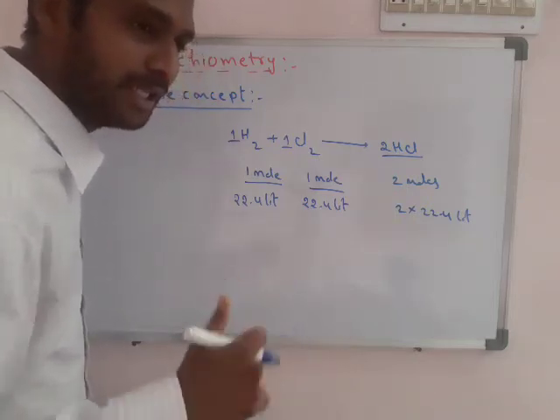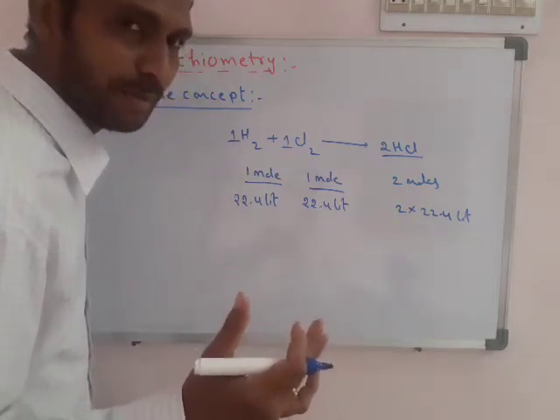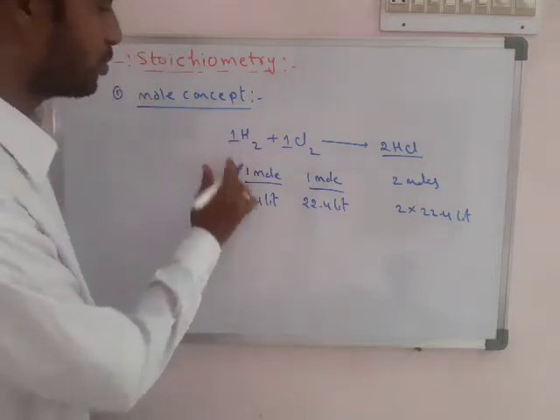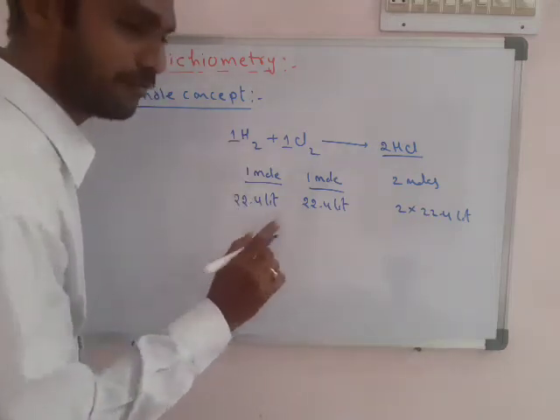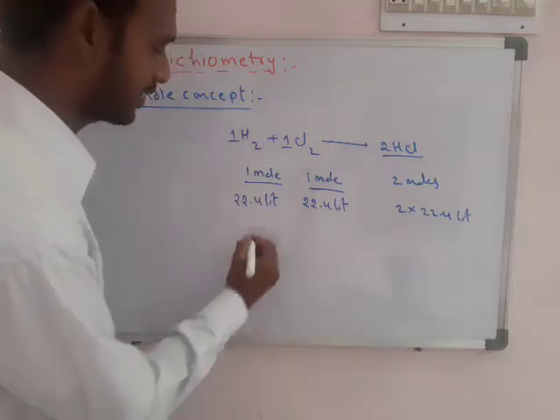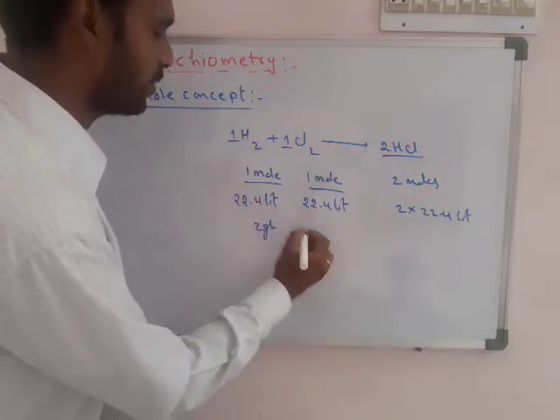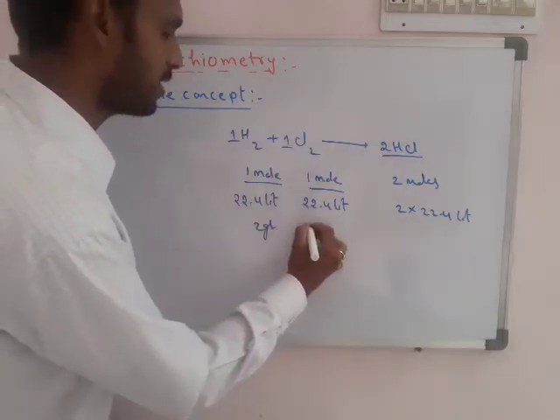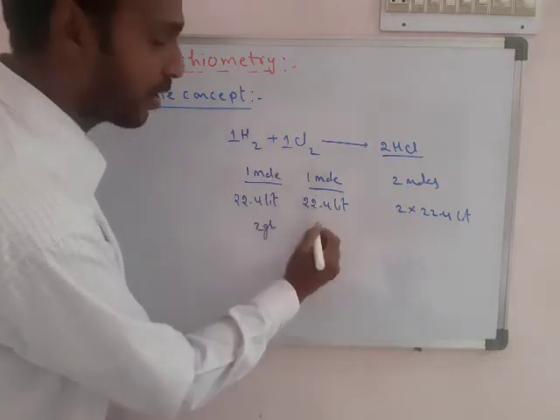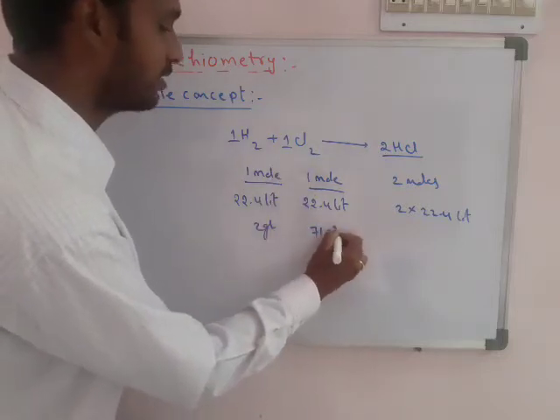Sometimes we need to compare in terms of mass. 1 mole of H2 means 1 molecular weight, so 2 grams of hydrogen. Cl2 means 2 into 35.5, that is 71 grams.